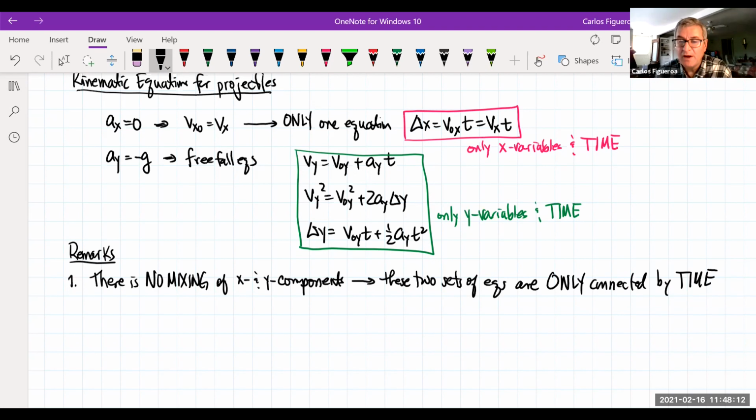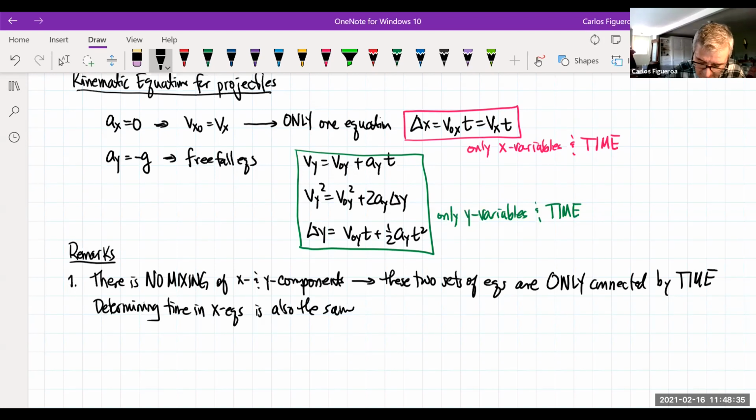In other words, finding time in one is also finding time in the other. So determining time in the x equations is also the same in the y equations.